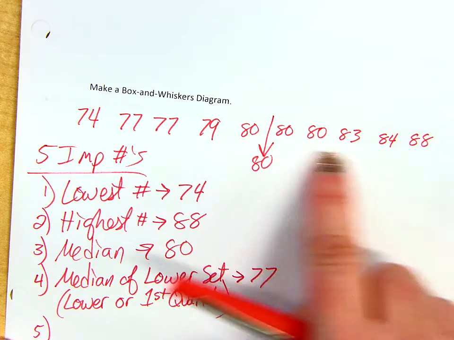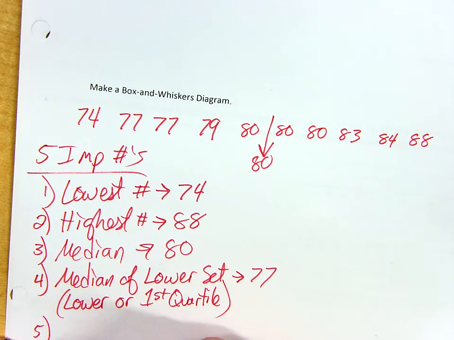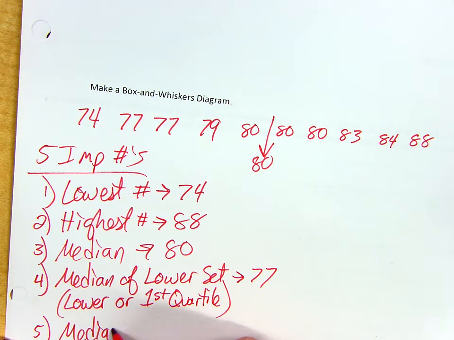And then you do the same thing, the median of the upper numbers. And this is called the upper, or third quartile?